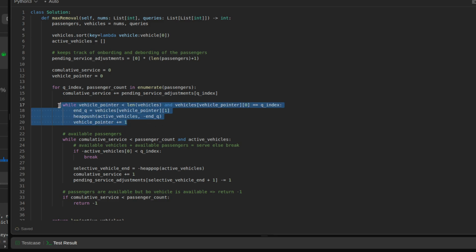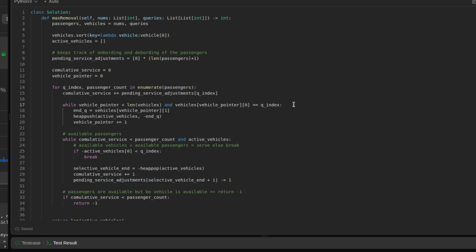are at a particular sector, how many vehicles are going to start from that sector, right? Suppose that there are 5 vehicles that are going to start from 0.